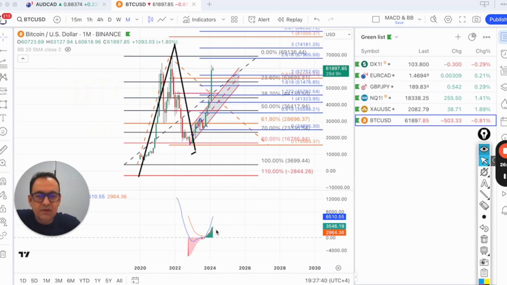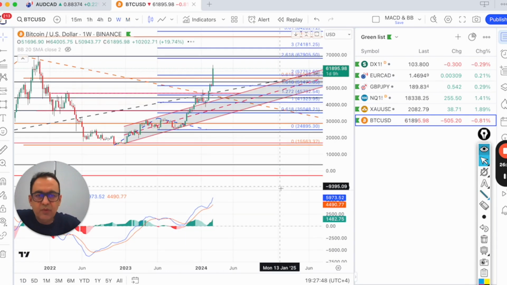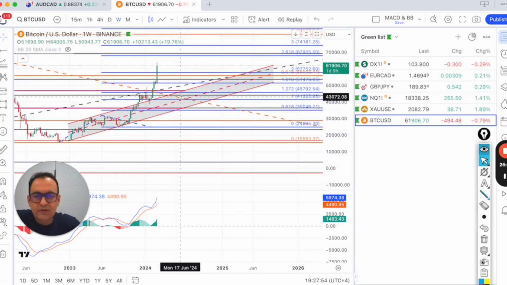And based on monthly chart, MACD is clearly bullish and there are no signs against for Bitcoin. Likewise, we have bullish momentum on weekly and no signs against. It's clearly rising. I've already marked a rising channel here.